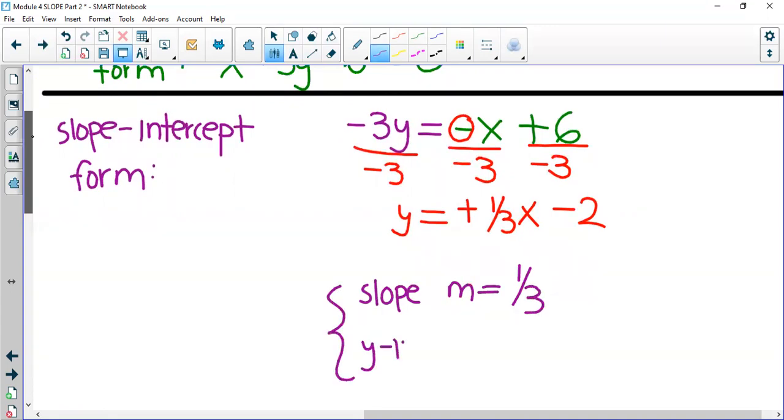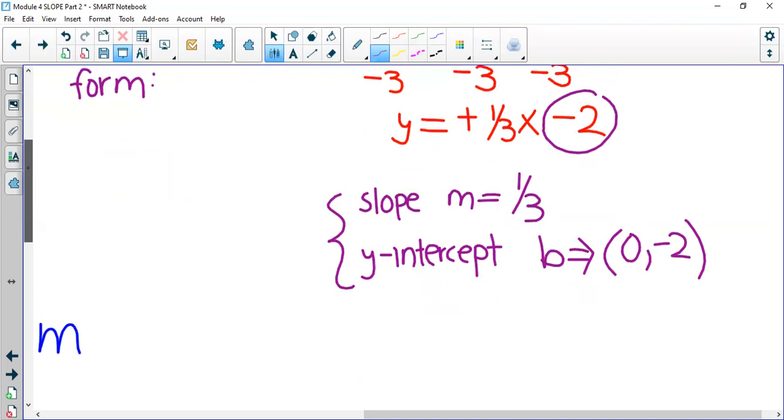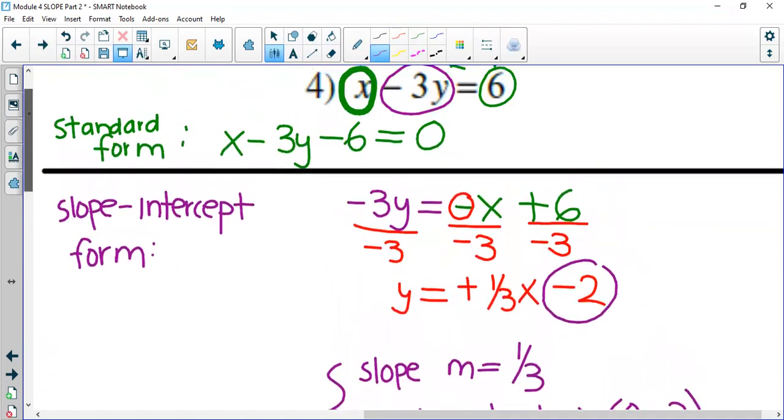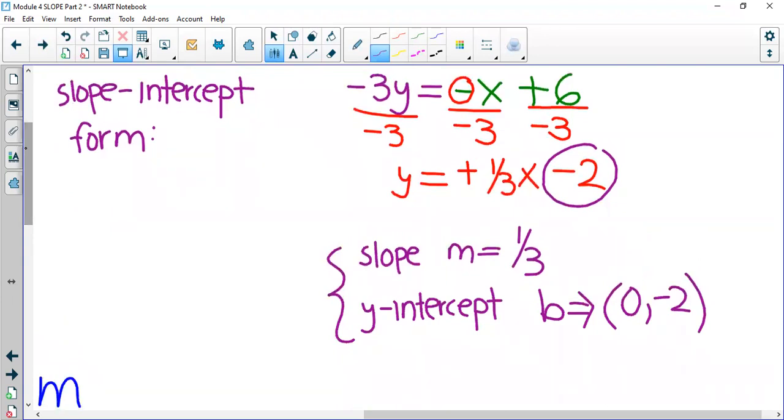And my y-intercept, my b, is equal to the point when x is equal to 0, y is equal to negative 2. So I could not get that information from the standard form of the line. I had to rearrange everything in order to figure out what my slope and my y-intercept is.